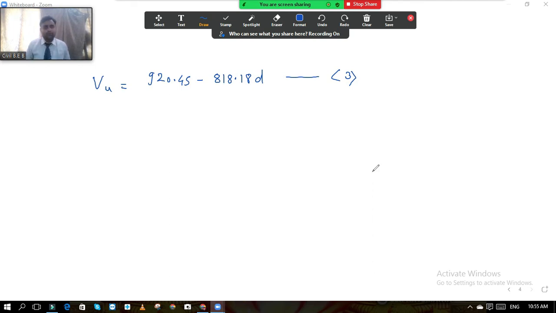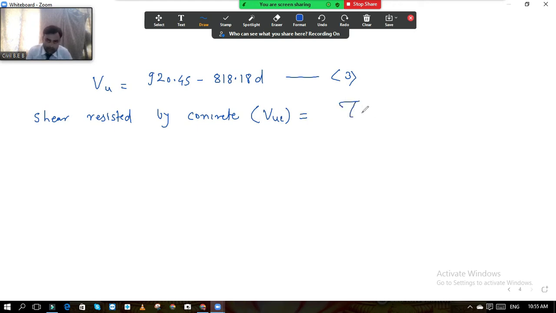Now as usual we will calculate the shear resisted by concrete. It is Vuc. Again you know the formula, it is tau c b d.